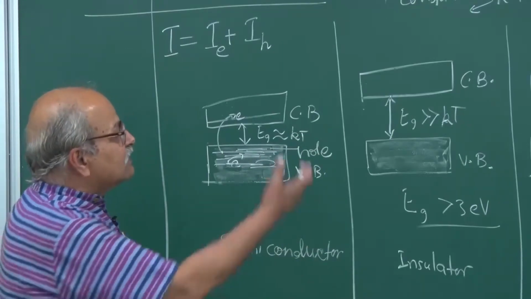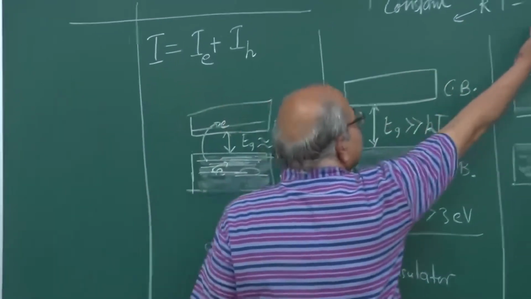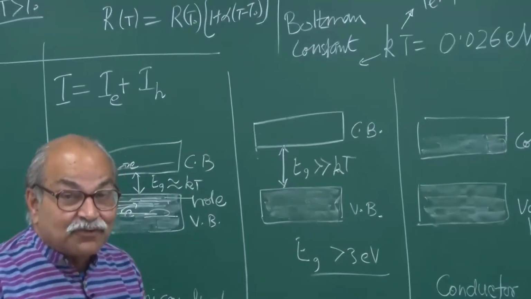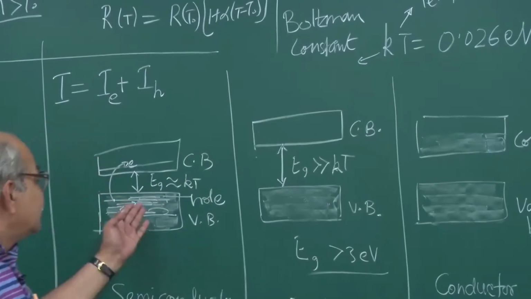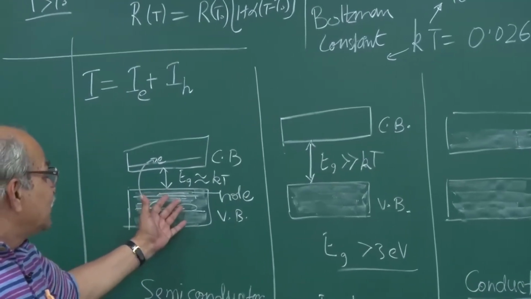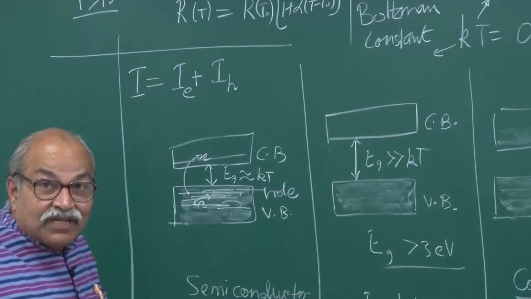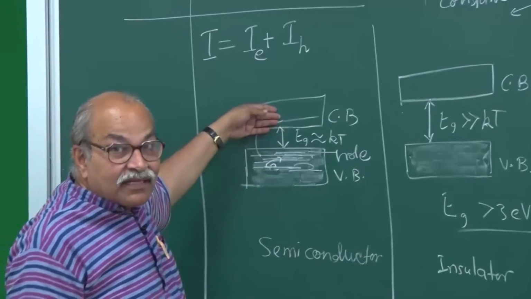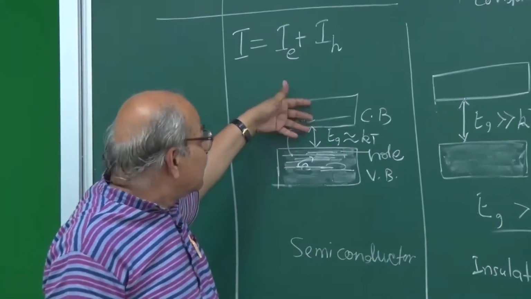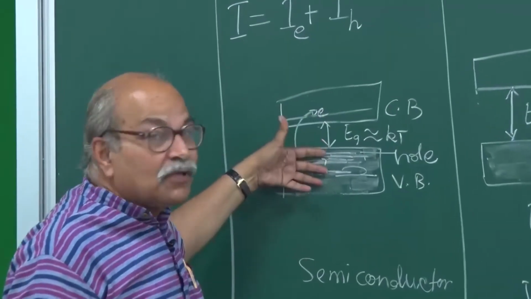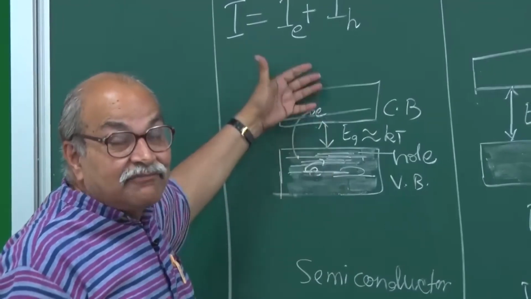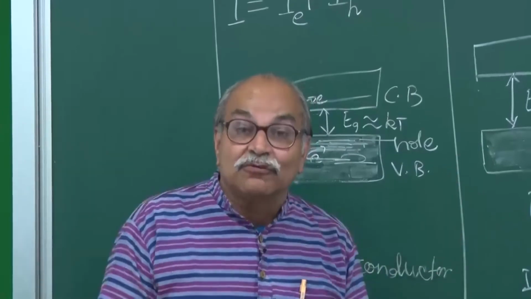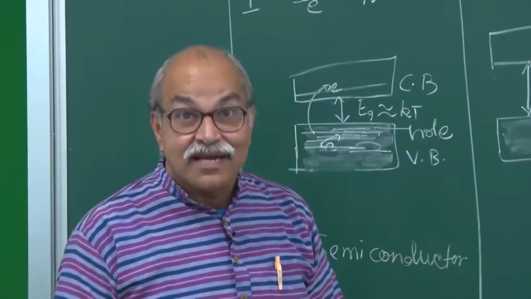So if you have 26 milli electron volts, and in place of that it becomes 30 milli electron volts, the energy made available to these electrons is more, and therefore more electrons can jump here, and the number of conduction electrons and the number of holes both increase. If they increase, the conductivity will go up and the resistance will go down, because you will have more current.